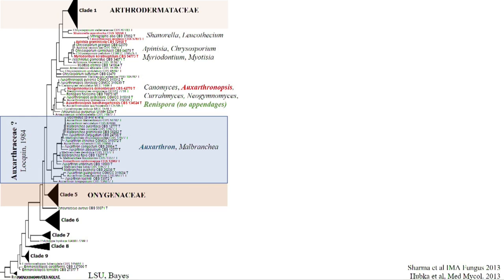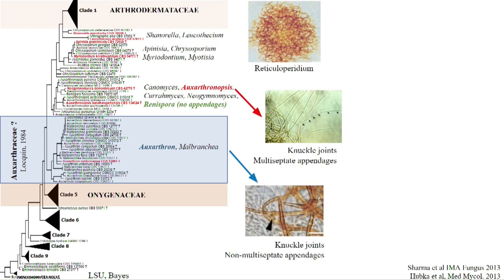Even this part was described as Oxortraceae before. But when we check, it's because of Oxotron, but then Oxortronopsis was described, and it was showing very similar morphology, but molecularly they are far.